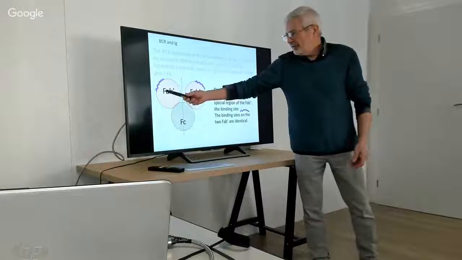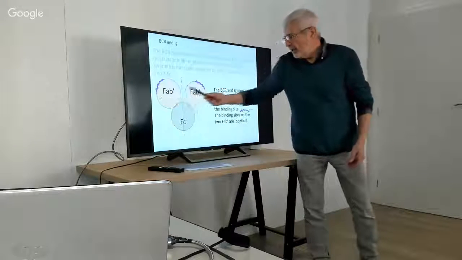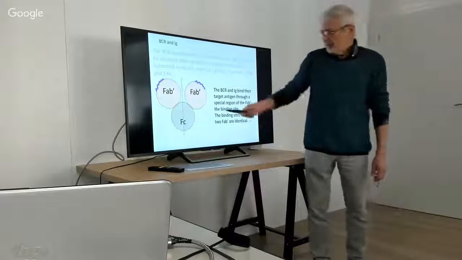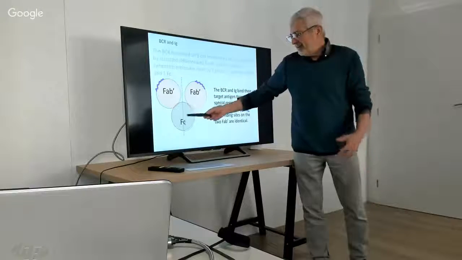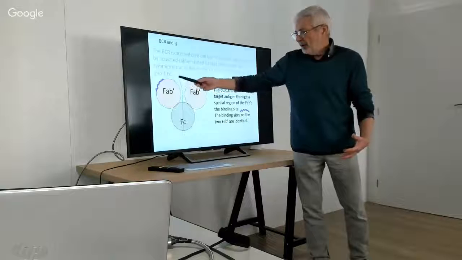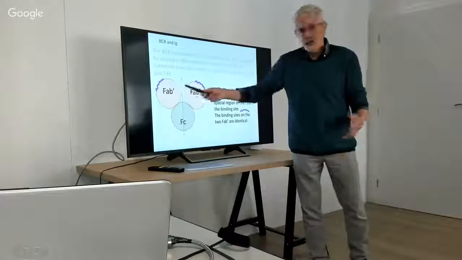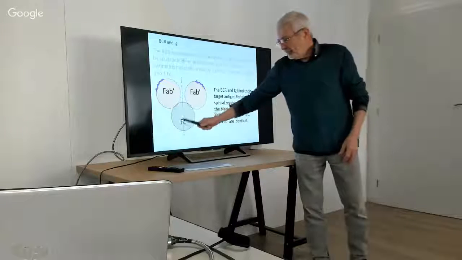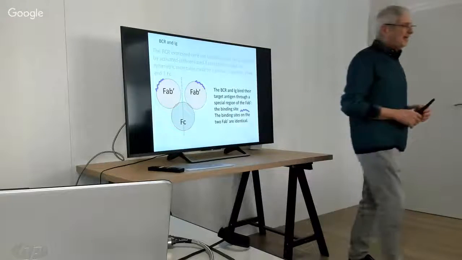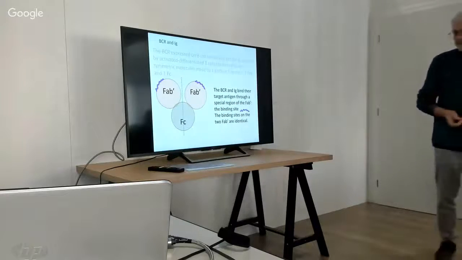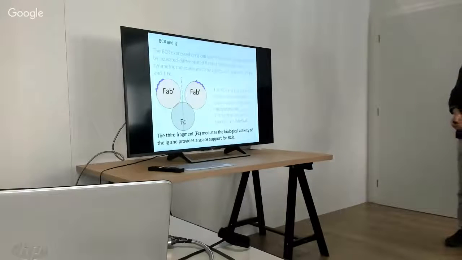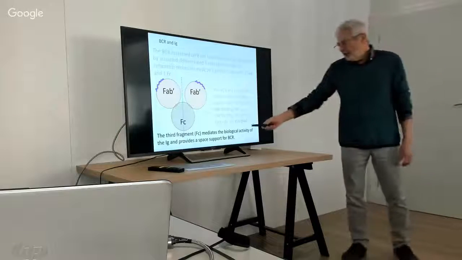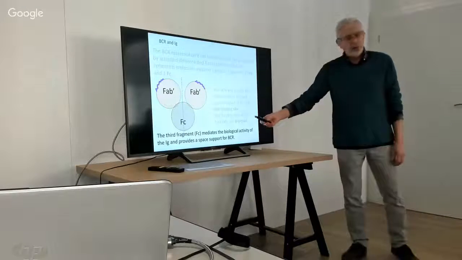Then what they discovered is that this part of the molecule and this part of the molecule are identical. So we have this kind of symmetric molecule made by two antigen binding fragments and another fragment called fragment C. The third fragment, fragment C, mediates the biological activity of the immunoglobulin.